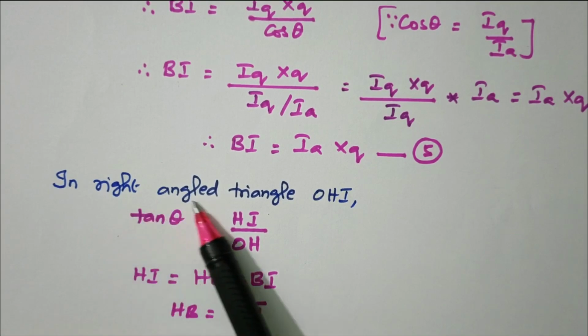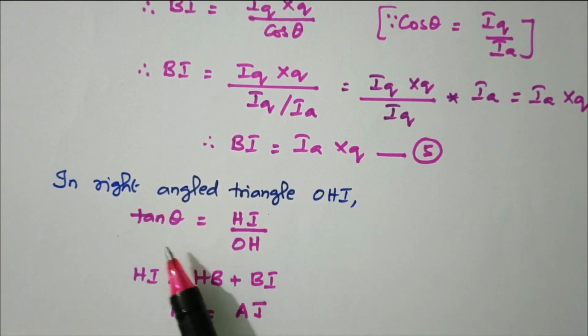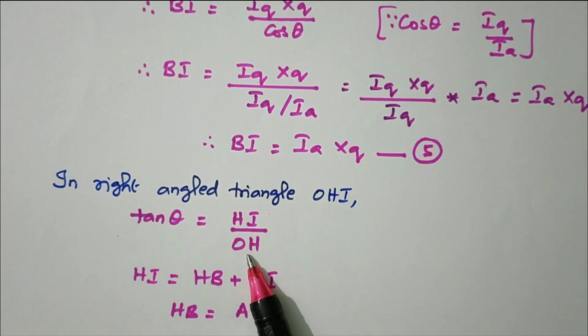In right angle triangle OHI, tan theta equals HI by OH. That is, HI equals HB plus BI. We know that HB is equal to AJ.